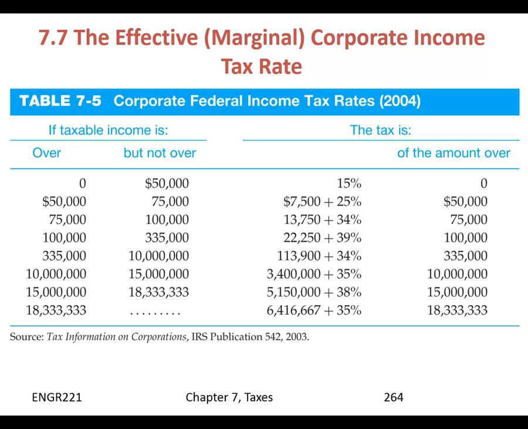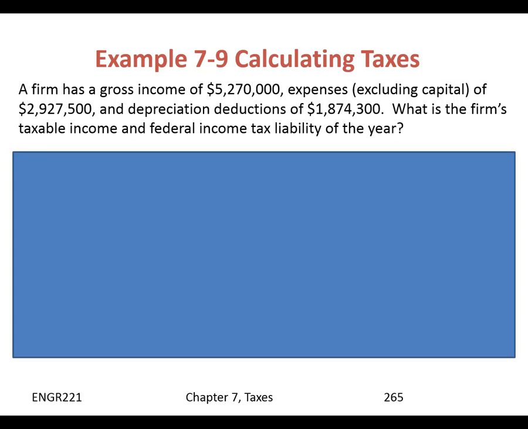Okay, so let's take a look at an example of how calculating taxes goes. If a company has gross income of $5.27 million, and their expenses are $2,927,500, and then they had depreciation that totaled $1.87 million, then what is their taxable income and the federal income tax liability?